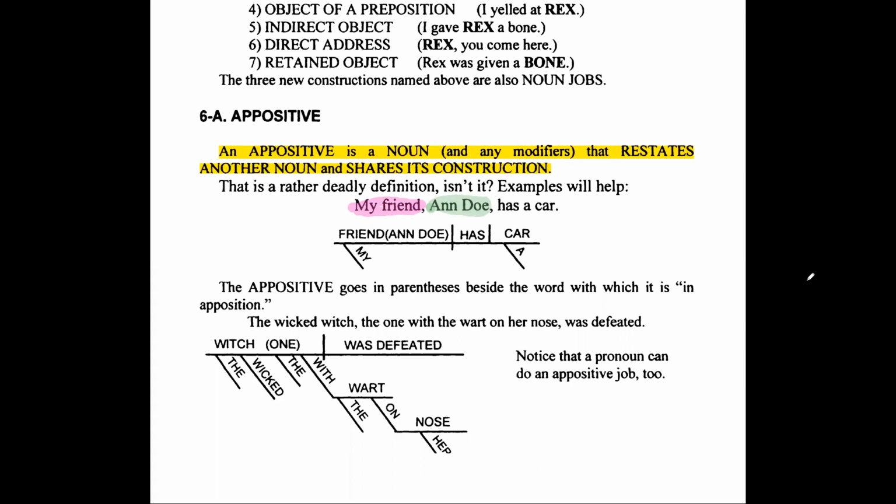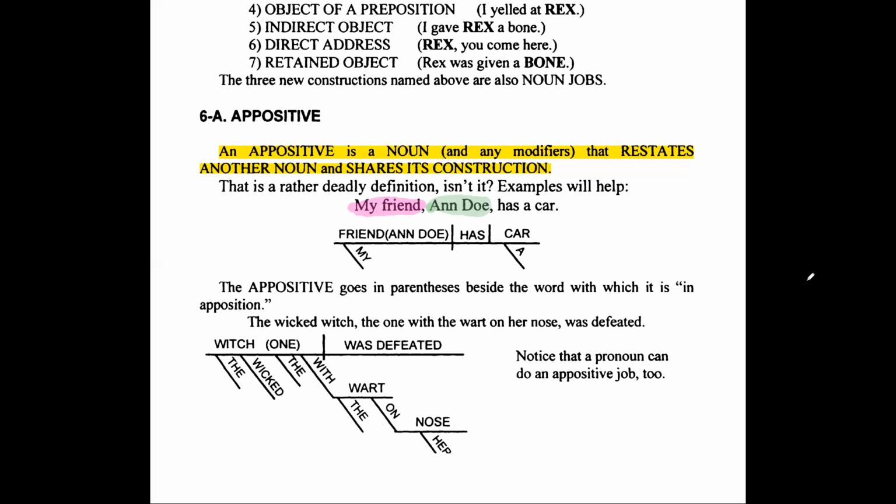Or in speaking. Think if I said, the king, George, is at the palace. George there would be an appositive. Or if I said, the prophet, comma, Muhammad, comma, was the last messenger of God, right?